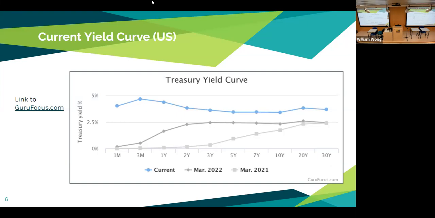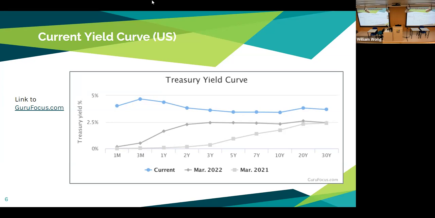But the business owners, the people, and also the market will believe that, hey, give me the cash now, it's better than cash 30 years from now. I'm not going to invest. The phenomenon has changed from last year. Two years ago, you would see a typical yield curve.